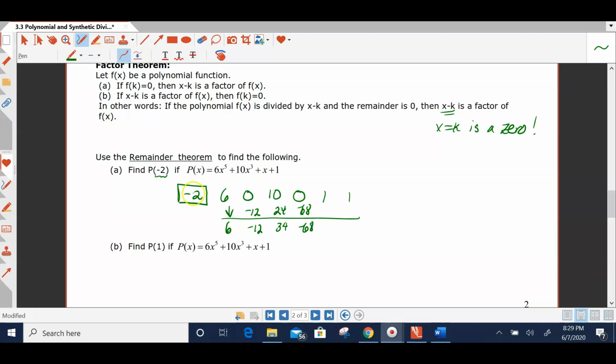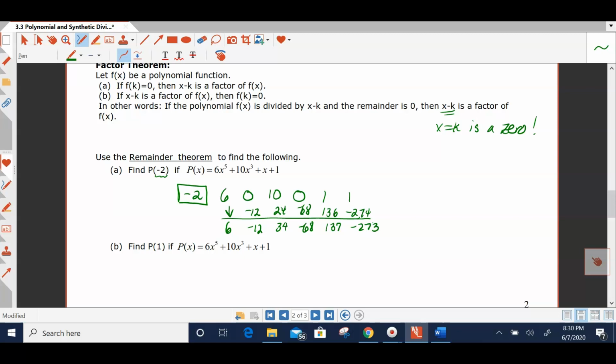Now the negative 2 times the negative 68 gives me 136. If I add that to 1, I get 137. Now 137 times a negative 2 gives me a negative 274. And when I add that to 1, I get a negative 273.